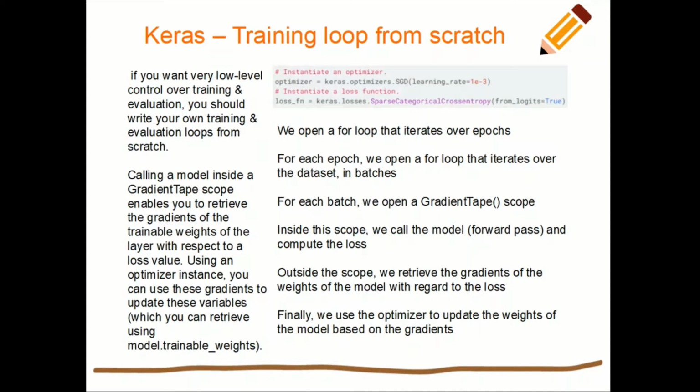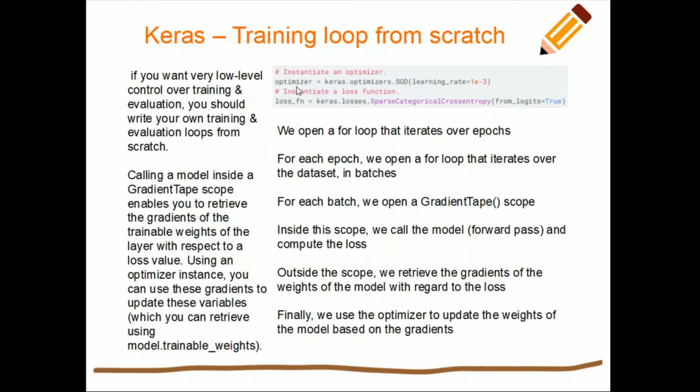What we have to do is create a model, an optimizer, and a loss function, and then set up a loop for epochs. For each epoch we'll have to iterate through the batches of the data. We'll have to do the loss calculation, gradient calculation, and update the weights, and we can also log the metrics.